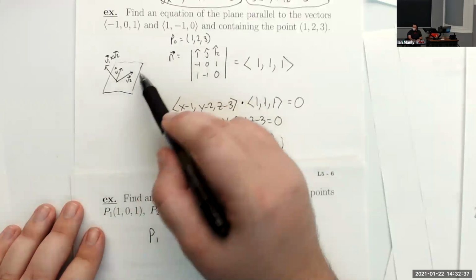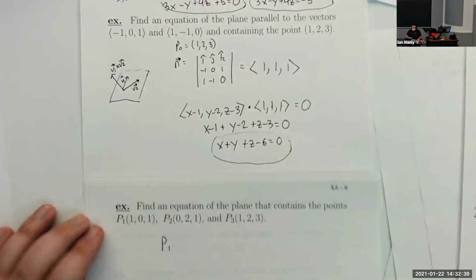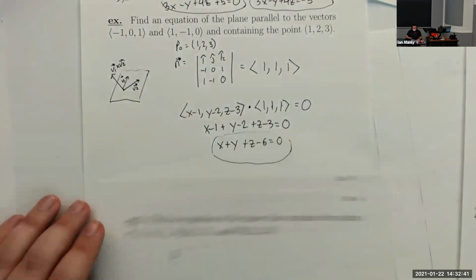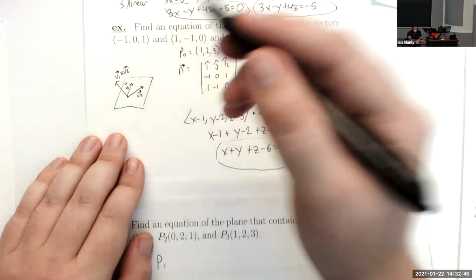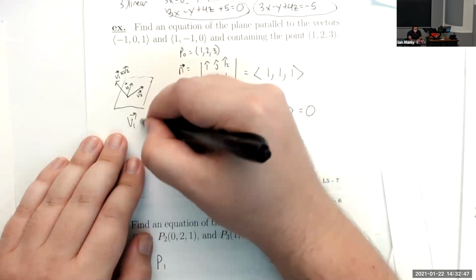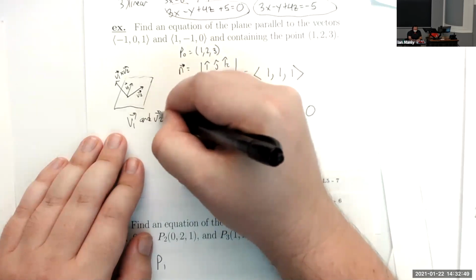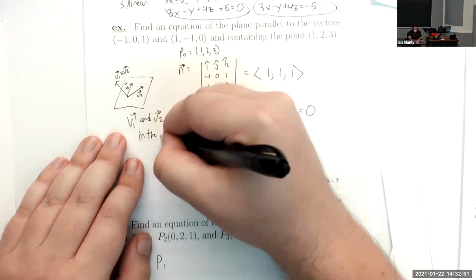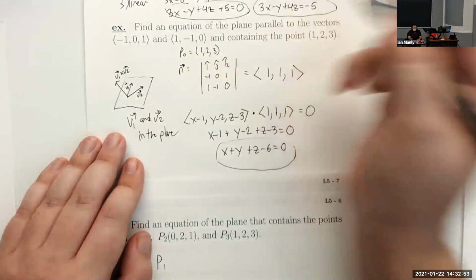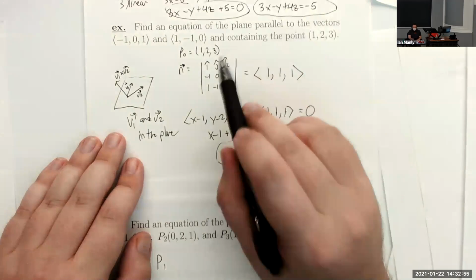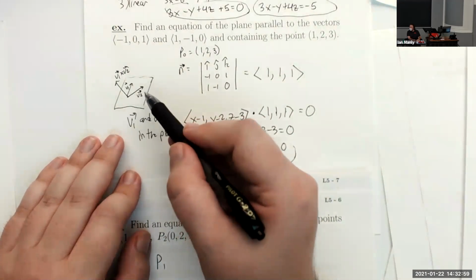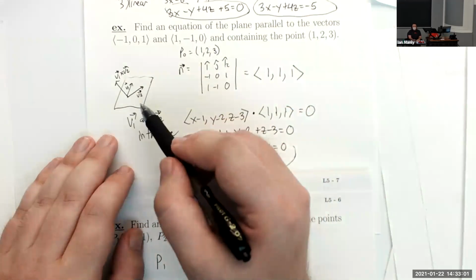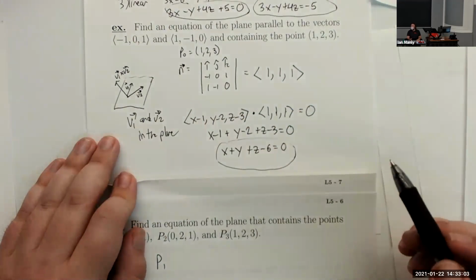Yeah, the plane parallel. Okay, here's essentially the picture of what's going on. This V1 and V2, these are in the plane. So if you're parallel to the plane, you can move these vectors so that they're actually in the plane, right? And remember, our whole goal is to get a vector that's perpendicular to the plane.